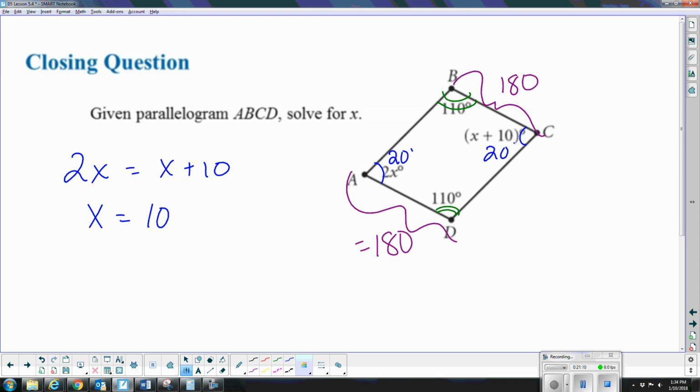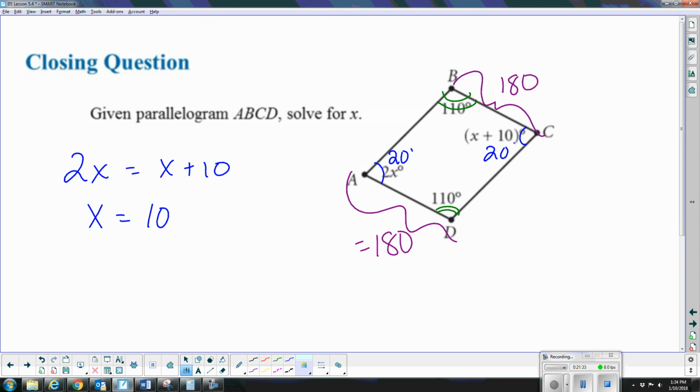So right away, you know that there's not a solution for this because opposite angles have to be congruent in a parallelogram. Consecutive angles have to be supplementary in a parallelogram, which in this case, if opposite angles are congruent, then consecutive angles are not supplementary.